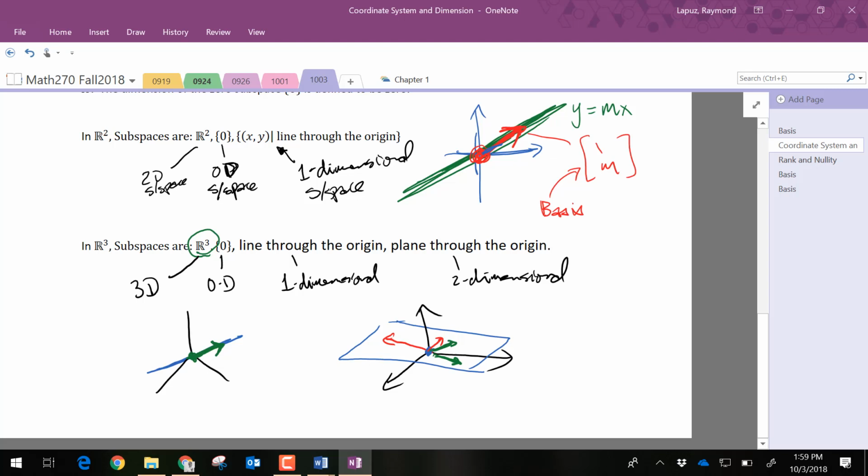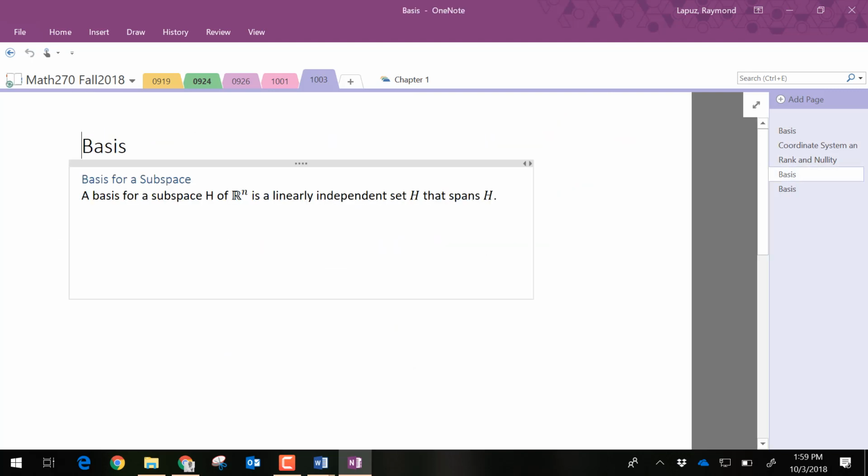And if they are in fact linearly independent, then they could also be a basis for this. So I can have different sets of basis vectors that span the same subspace, as long as I'm within their parameters. All right.